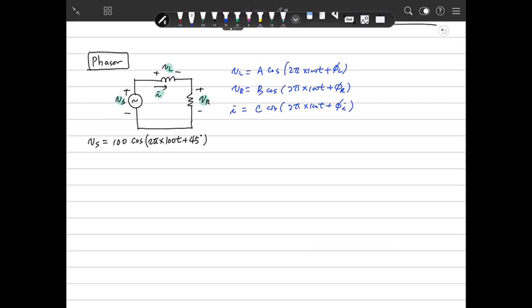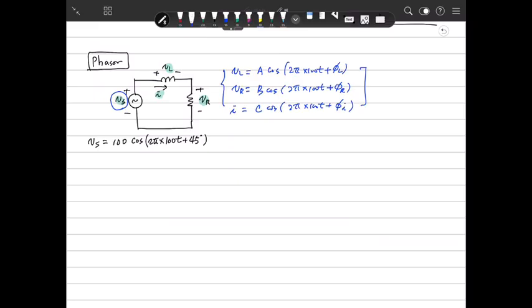I'm sure all variables of this circuit can be expressed in this form. Why? Because when the source is sinusoidal, the other currents and voltages will be sinusoidal.